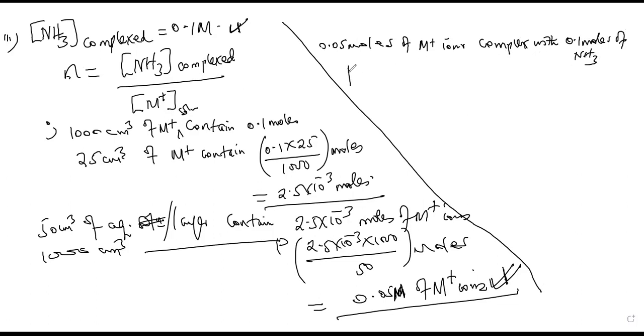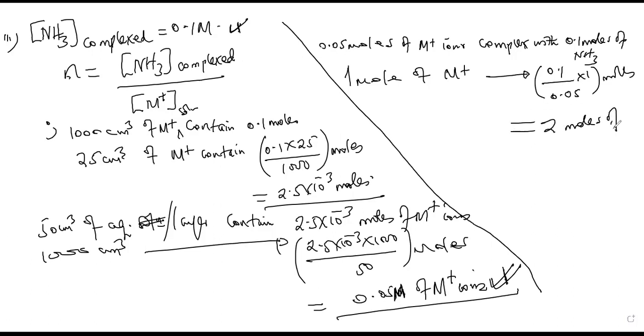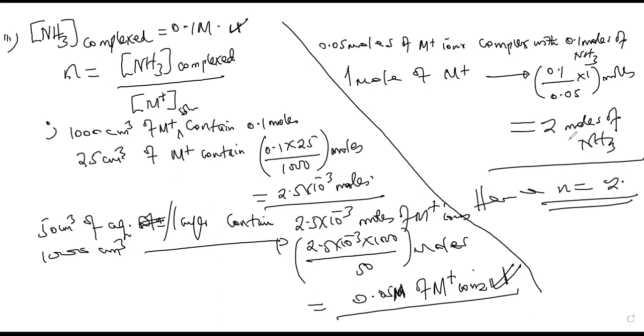What about 1 mole? 1 mole of a metal ion will be complexing with 0.1 over 0.05, times 1 moles, and this gives you 2 moles of NH3. So that's the value of n. Hence, n is equal to 2. Substituting in the formula still gives you the same answer.